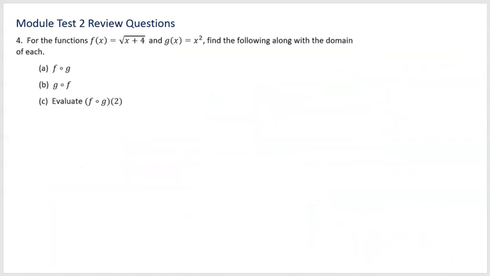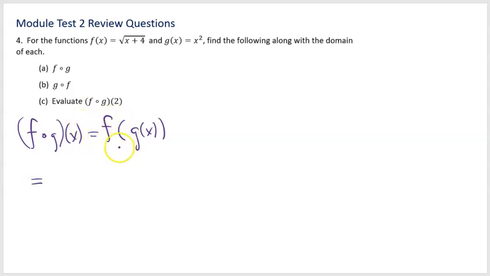Problem 4 asks us to find f composite g, g composite f, and then f composite g of 2. Alright, so for part A, f composite g of x is, by definition, f of g of x. So what that's asking me to do is write the f function down first. Here's the f function, but I'm going to remove the x and put parentheses there instead.